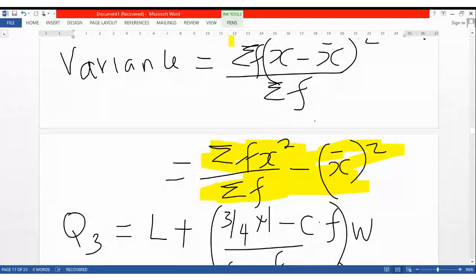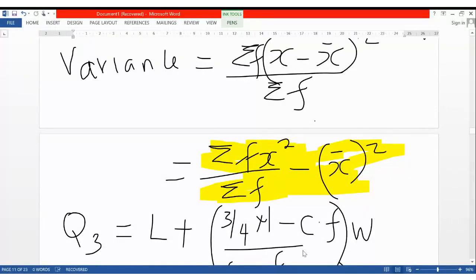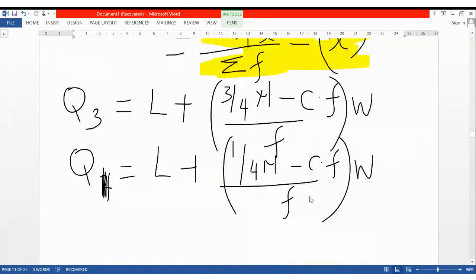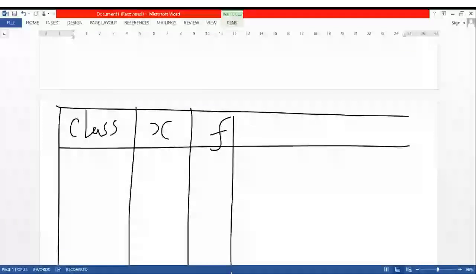I want fx because of the mean. After I do that, I'll do the fx squared. And then remember, I need the cumulative frequency, so I'll do it here at the end. So those are the number of columns you need if you want to do this one.